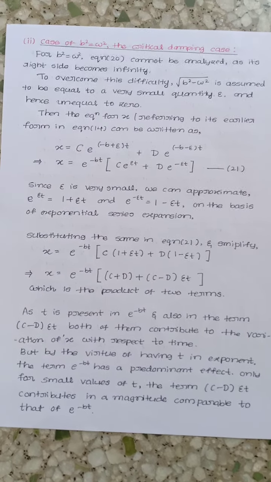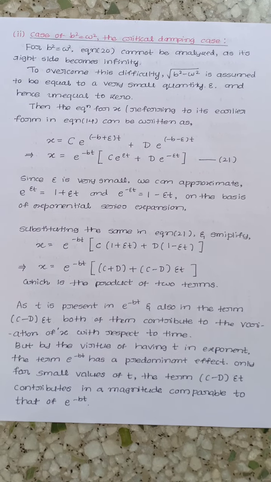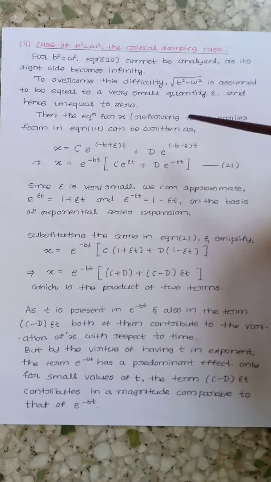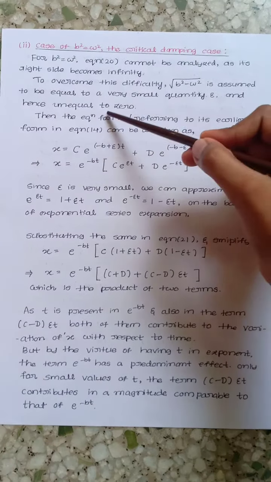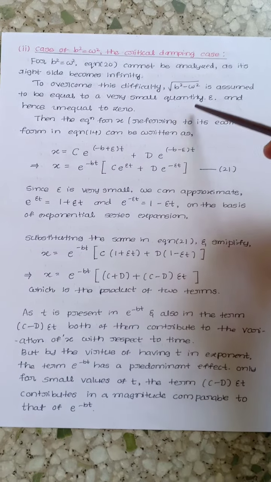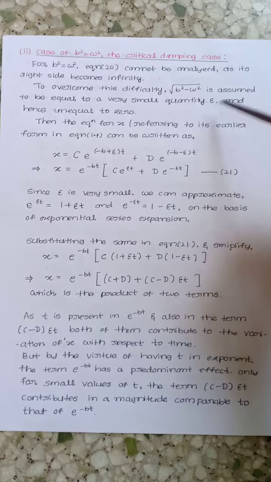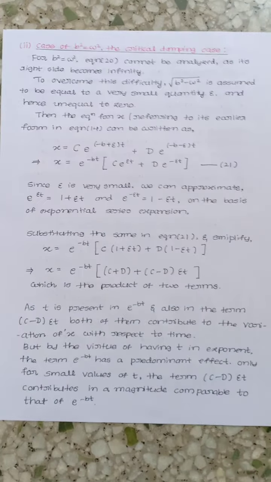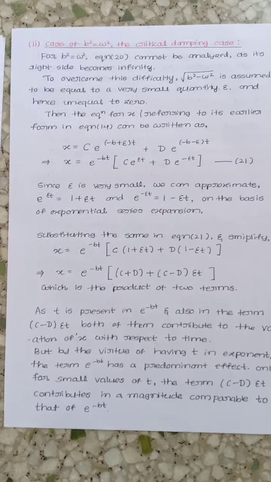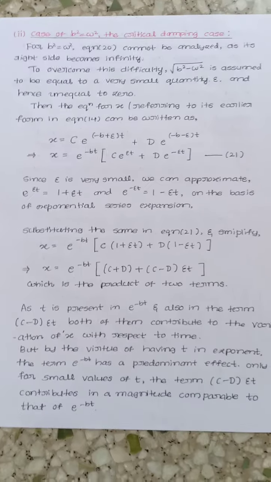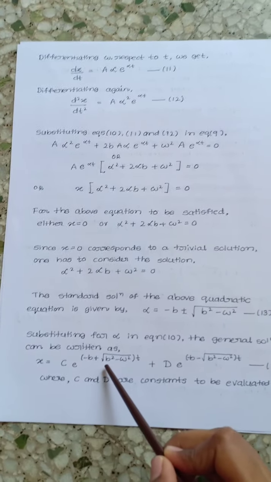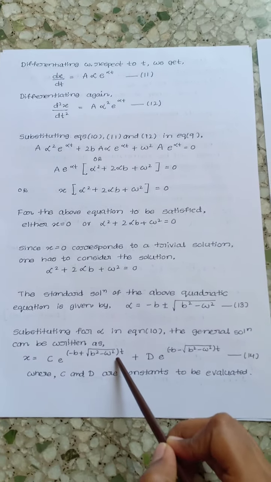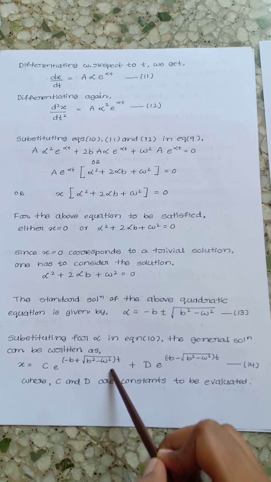To overcome this difficulty, root of b square minus omega square is assumed to be a very small quantity, epsilon, and hence unequal to 0. That means in equation 14 you consider root of b square minus omega square equals epsilon.